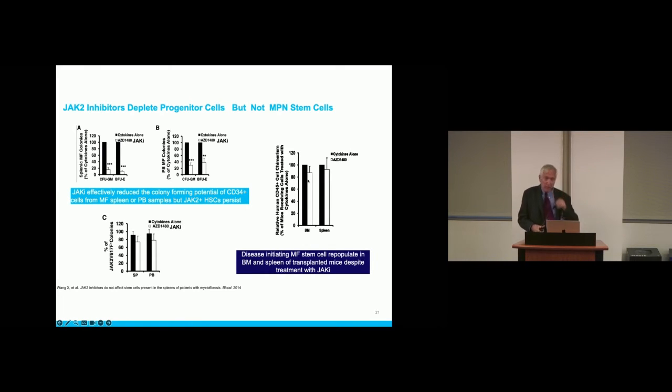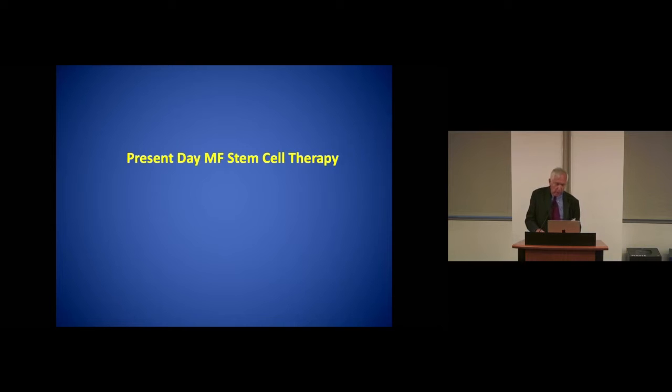You can see that the amount of stem cells that are present is not depleted by an inhibitor of JAK-STAT signaling. That likely indicates some of the limitations, at least with the first generation JAK2 inhibitors, and why we get progression, that there are additional events that are responsible for progression.